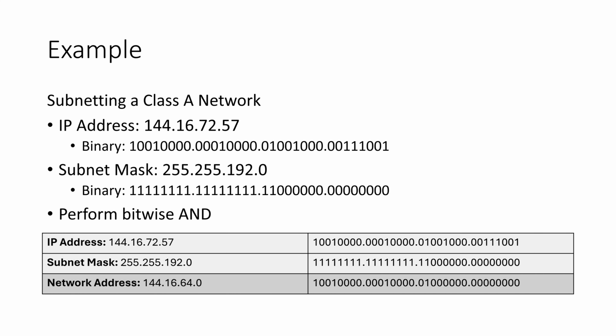So any host address from 144.16.64.1 to 144.16.127.254 would belong to this subnet. This is how routers use subnet masks to efficiently route traffic within and between subnets.